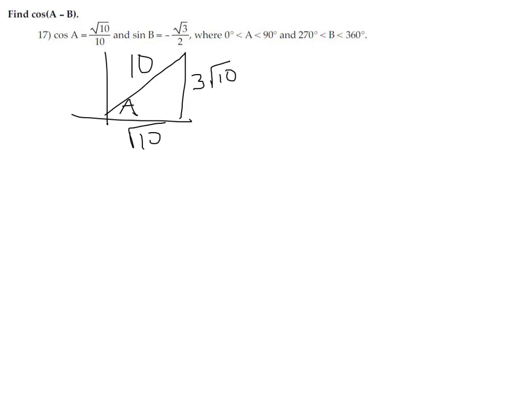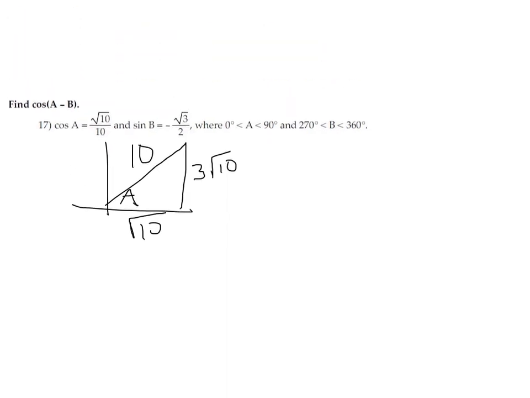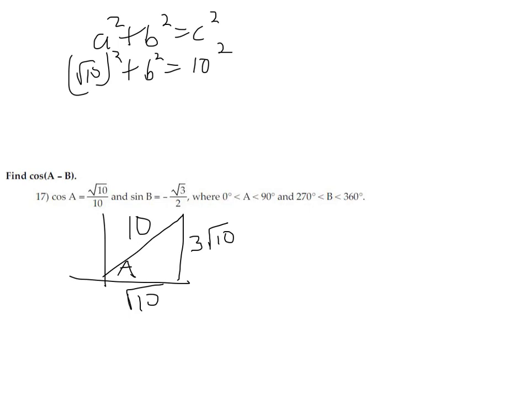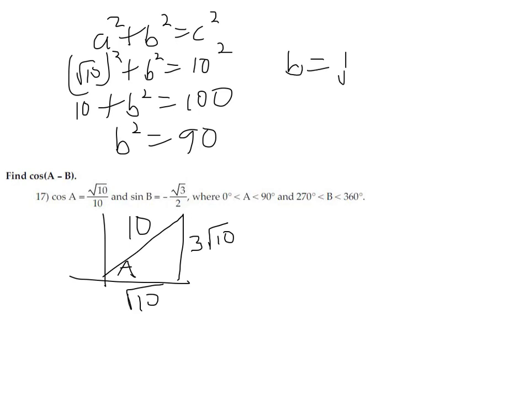For the work for that, a quick calculation for you. A squared plus b squared equals c squared, and a is square root 10, so square root 10 squared, plus b squared equals, and c is 10, so 10 squared. That's 10 plus b squared equals 100, so b squared equals 90. And now when we square root, we will get b equals square root 90.